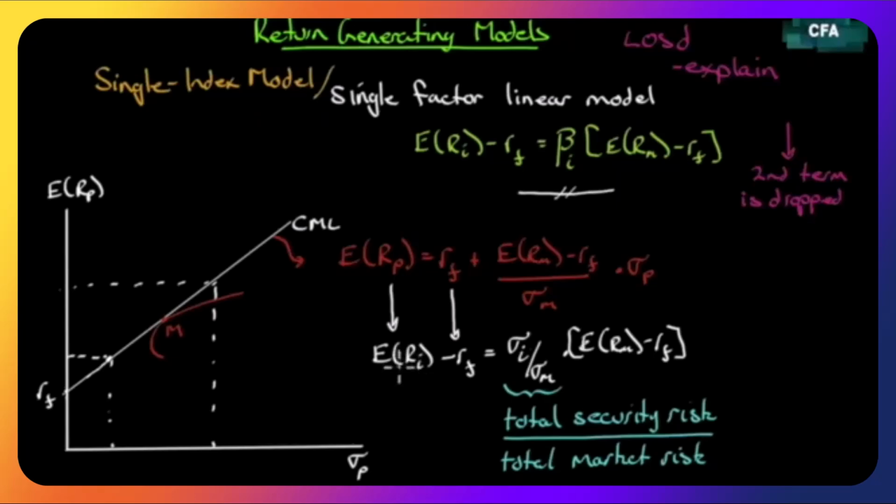So the expected return on i, and what we're going to do is take this risk-free rate, bring it over to the other side. It's a positive here, so it'll be minus. The expected return on the asset minus the risk-free rate equals, let's just do some rearranging here. This is the excess return, divided by the standard deviation of the market, times the standard deviation of the portfolio. Well, if we're going to use some generic asset, we'll call this the standard deviation of that generic asset.